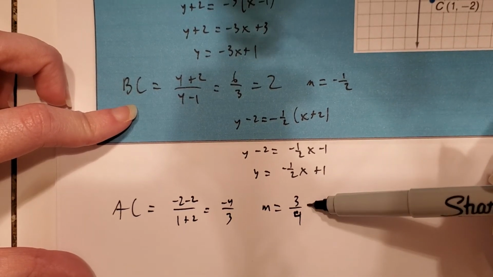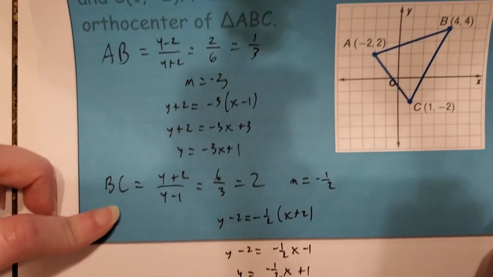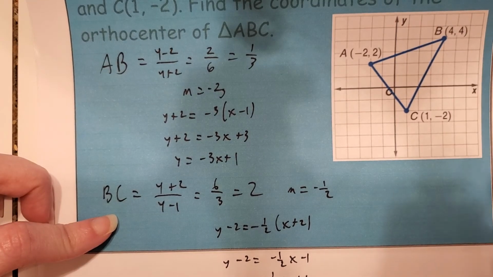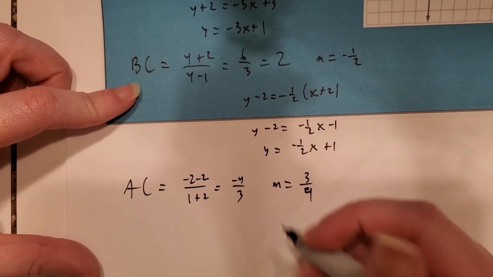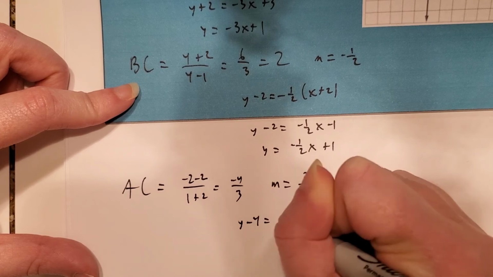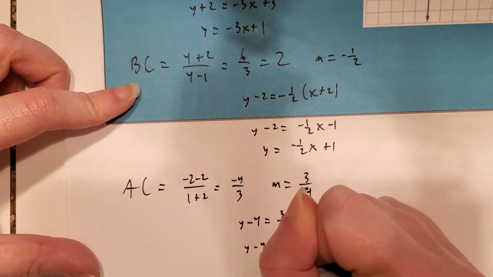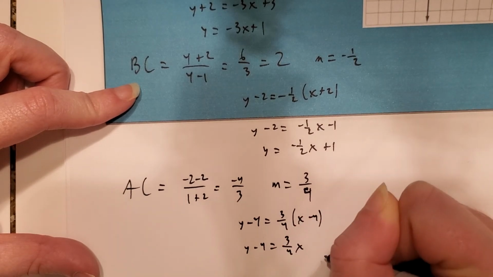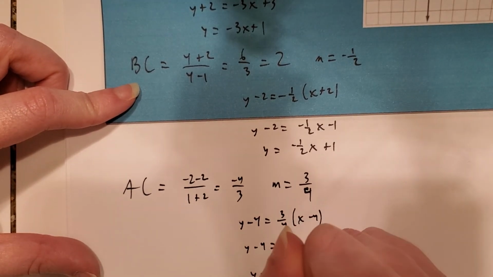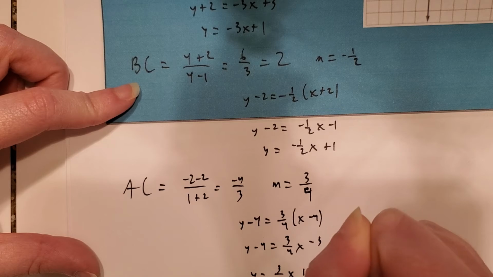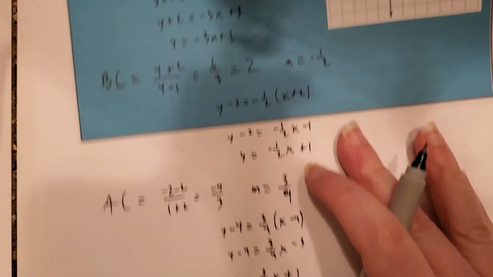So this is our slope, and it's passing through the remaining point that we haven't dealt with yet, which is B. Okay. There you go.